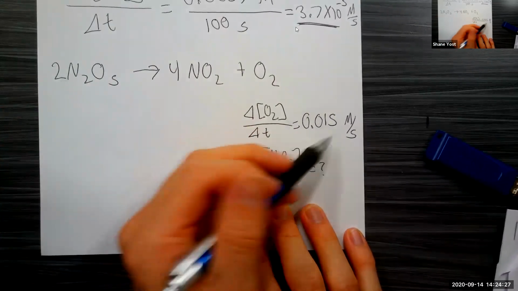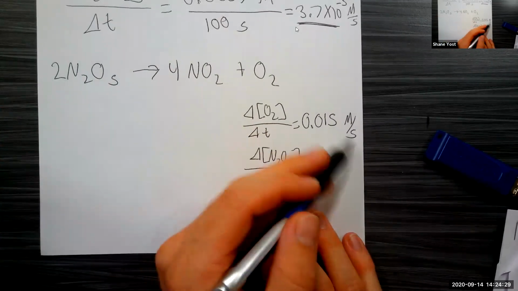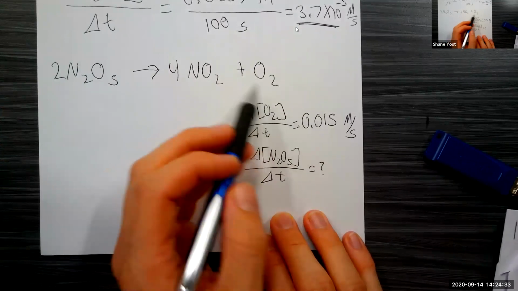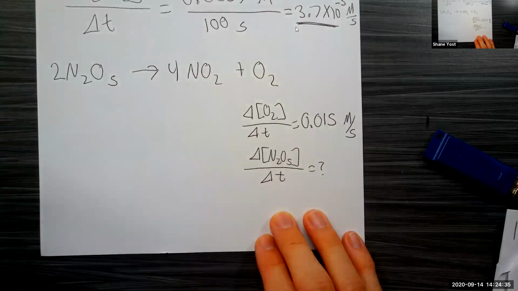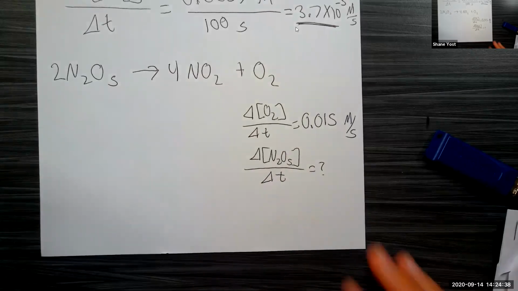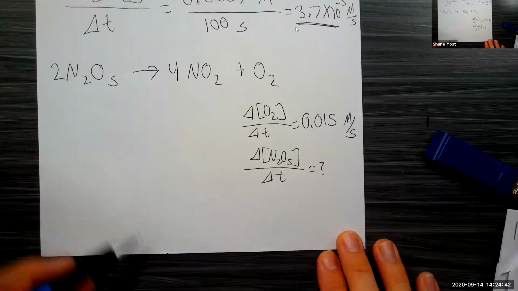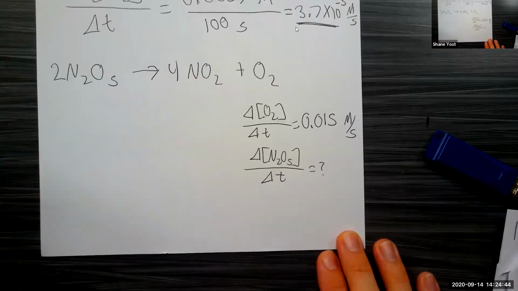What this rate is telling me is, say, in 1 second, I gained 0.015 molar concentration of O2. So in that same 1 second, my concentration of N2O5 has to decrease by twice the amount.